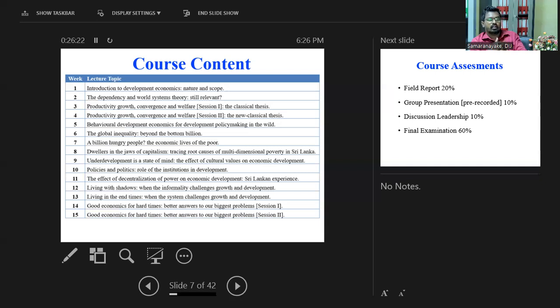And then number 8, dwellers in the jaws of capitalism, tracing root causes of multidimensional poverty in Sri Lanka. Here we are trying to observe inequality and multidimensional poverty in the Sri Lankan context. How did this happen in Sri Lanka? Here I am referring to one of my previous research studies, which I did just last year with Samali, one of your senior batchmates.